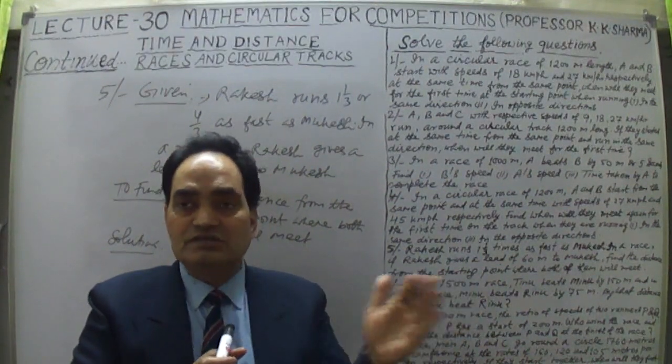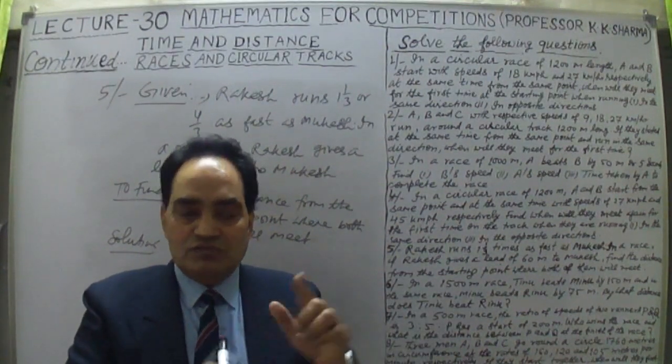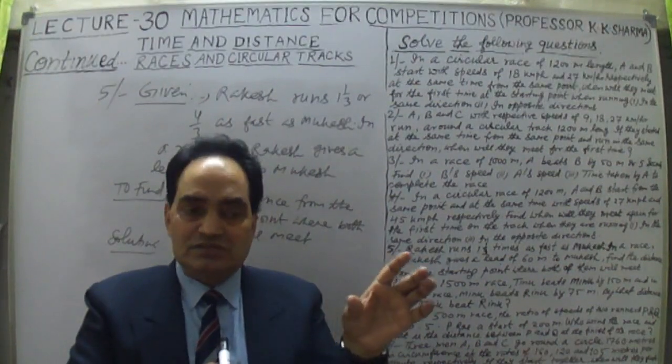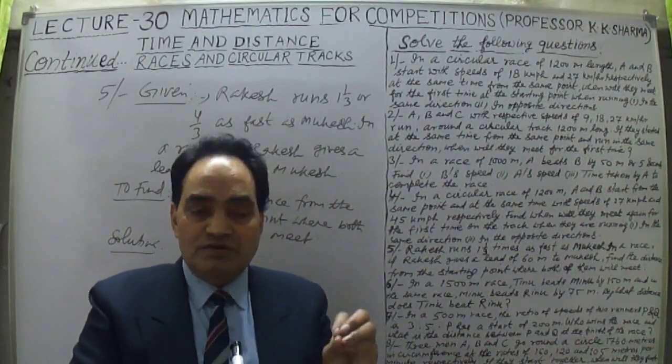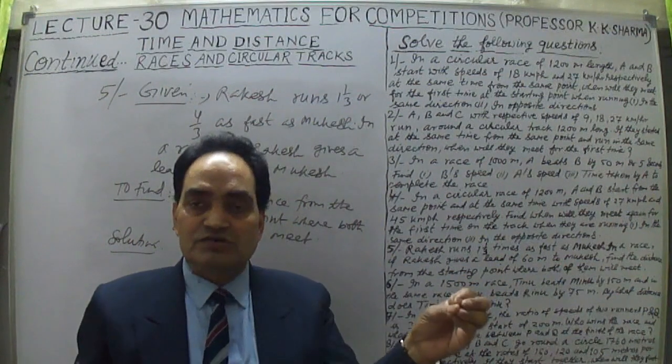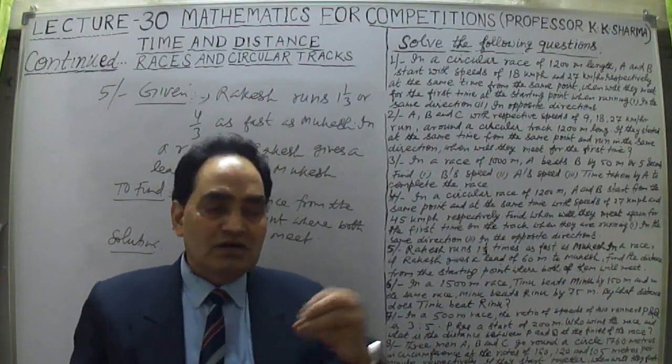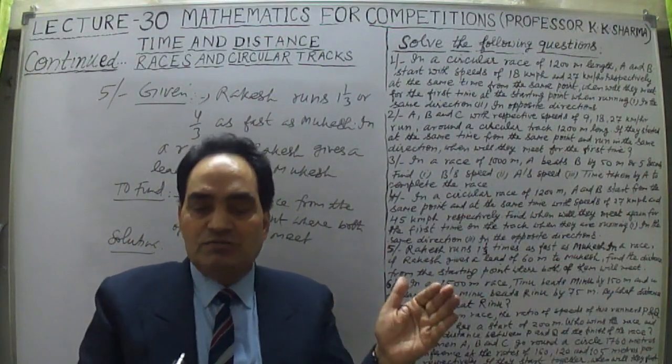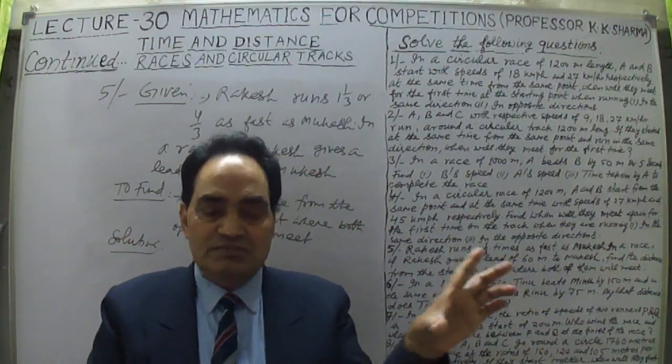For every 4 meters he is gaining 1, so how many meters must he cover to gain these 60 meters?